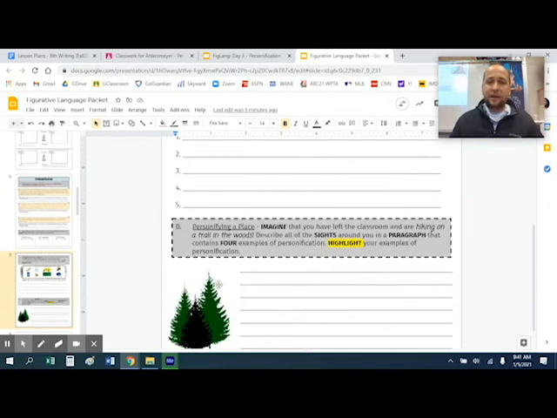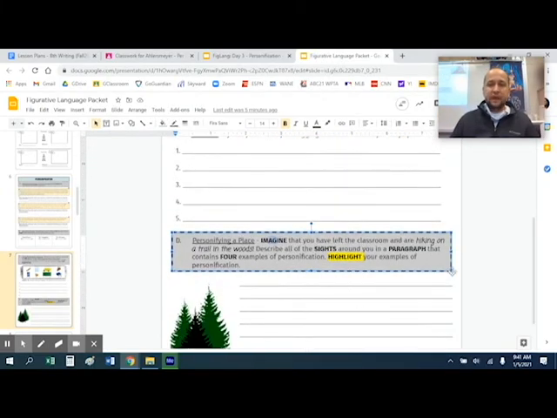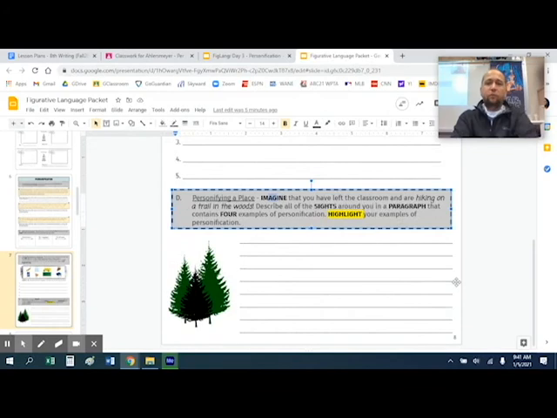And down here at the bottom, once again, it's not a massive paragraph, okay, but imagine that you left the classroom and you're hiking through a trail in the woods. Just describe your visuals. What do you see? Put that in a few sentences in a little paragraph, but include four examples.